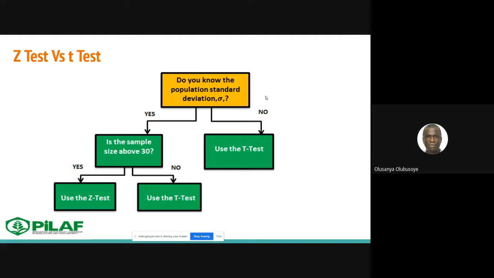You use the t-test if the population standard deviation is not known and the sample size is small. You now need to estimate the population standard deviation from the sample data that you have.